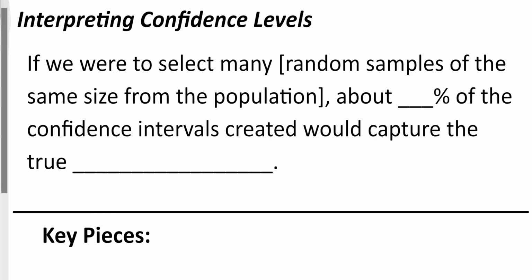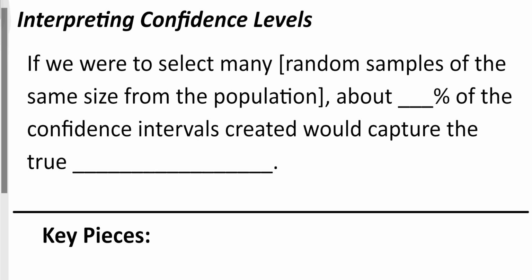But I do want you to know a good way to interpret this. And then we just got a couple things I want to finish up with. So it says, if we're interpreting a confidence level: if we were to select many random samples from the same population, about blank percent of the confidence intervals created would capture the true blank. And that would be parameter. So that's one way to do it.